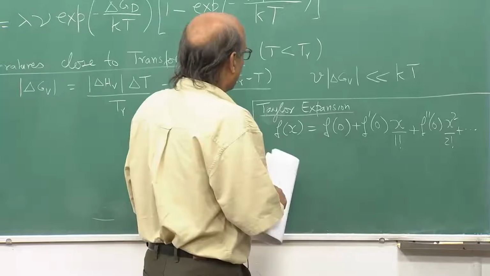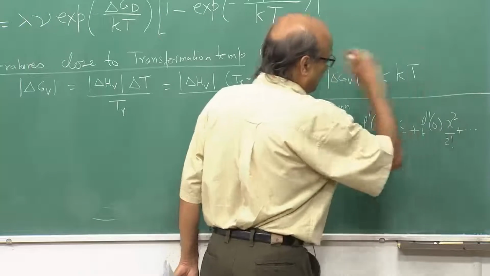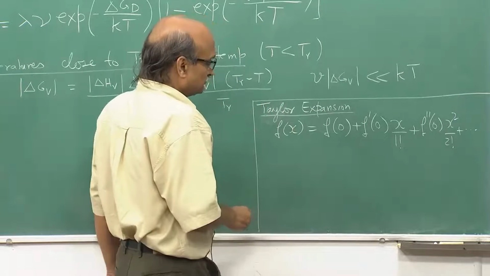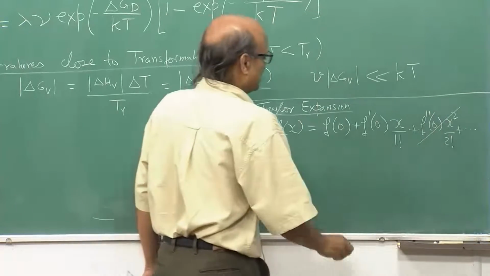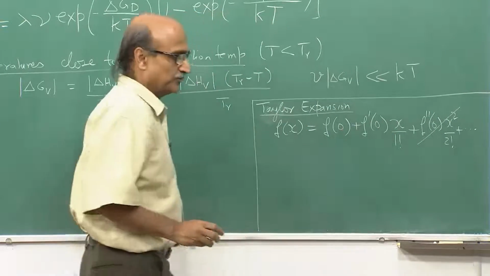Now for small undercooling, meaning for small values of x here, I could neglect higher order terms and keep only the first two terms.